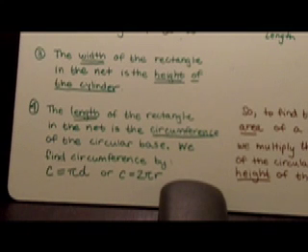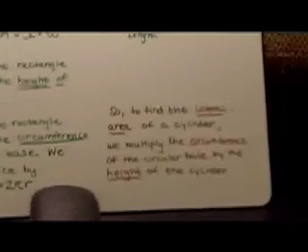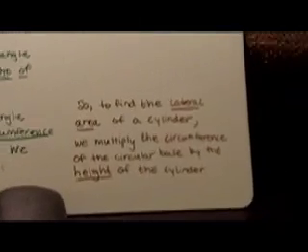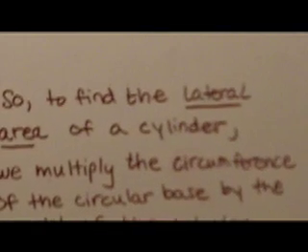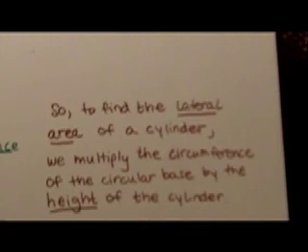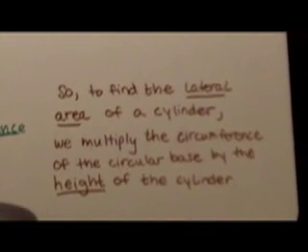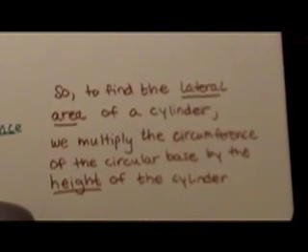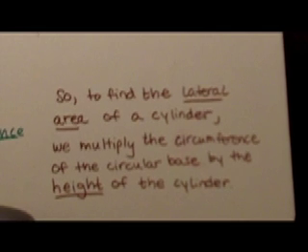We find the circumference by C equals pi times the diameter, or C equals 2 times pi times the radius. When you multiply the radius by 2, that's the same thing as finding the diameter. So to sum that up, we find the lateral area of a cylinder by multiplying the circumference of the circular base by the height of the cylinder.